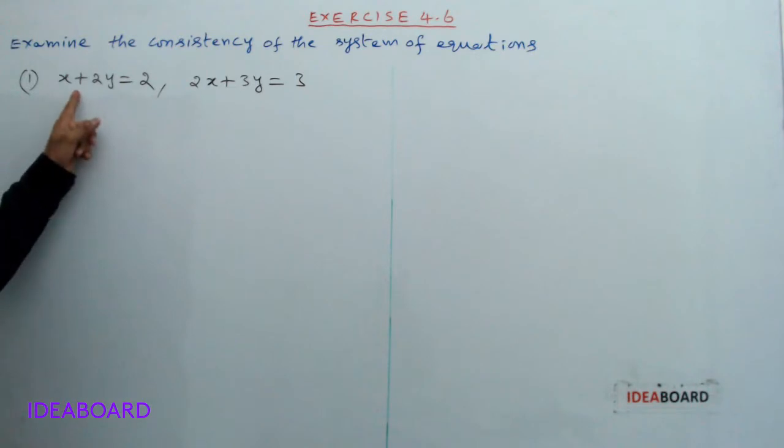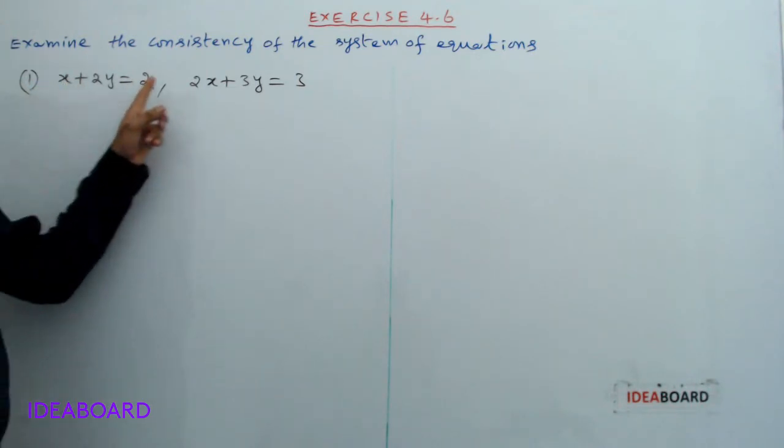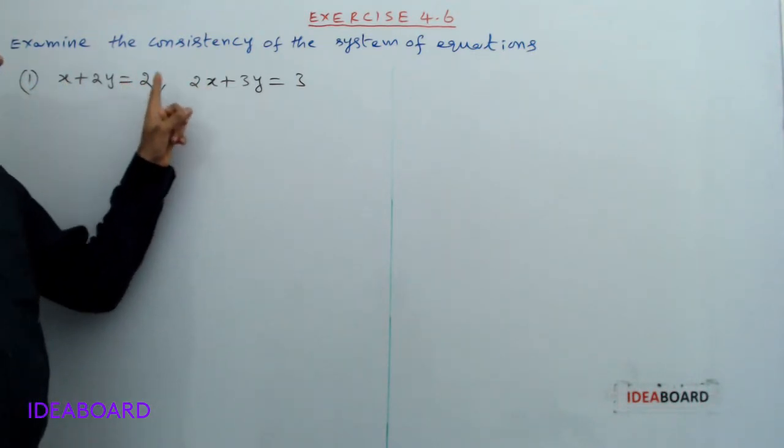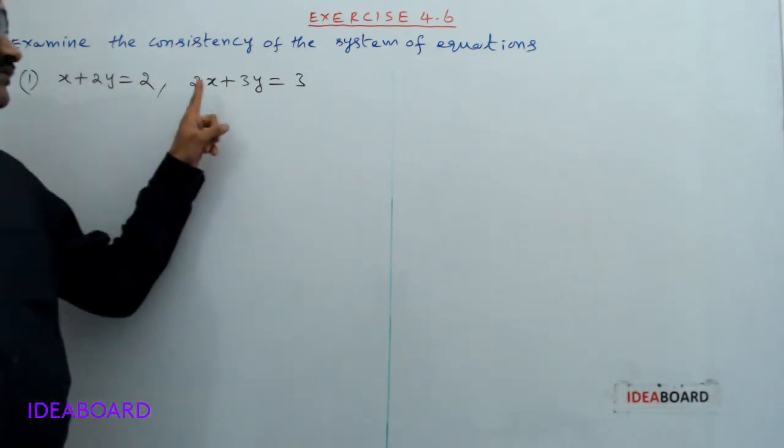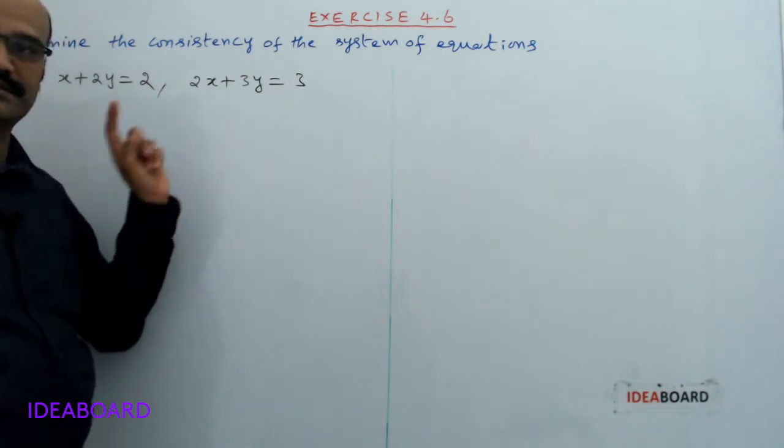Now, we have to verify whether these two equations are consistent or inconsistent. First, we have to write the matrix form of the given system of equations.